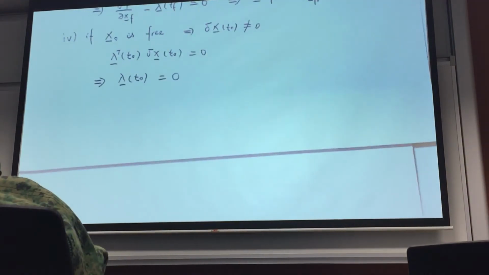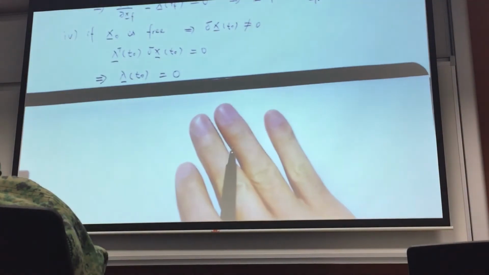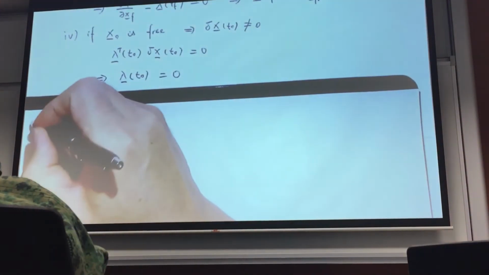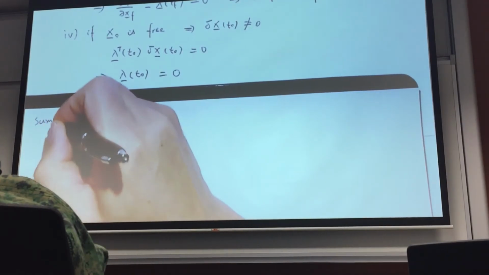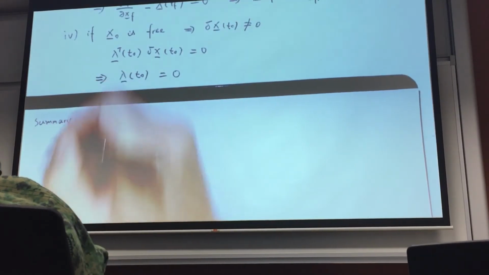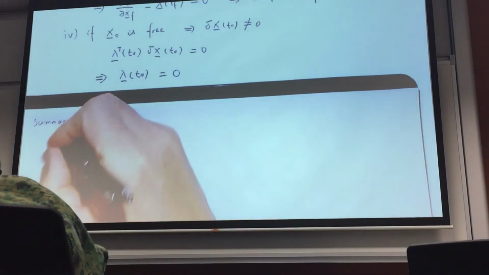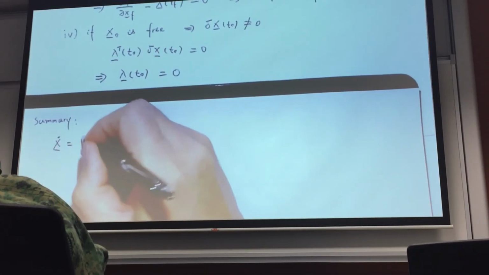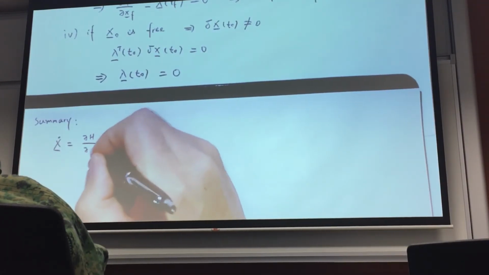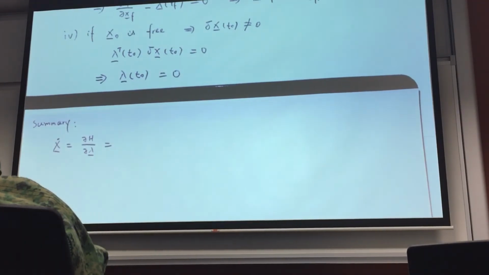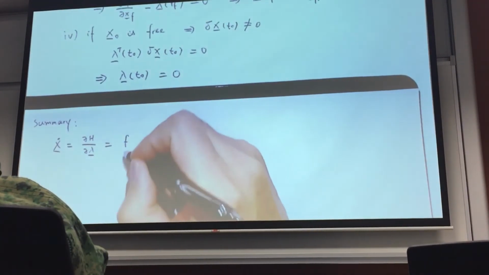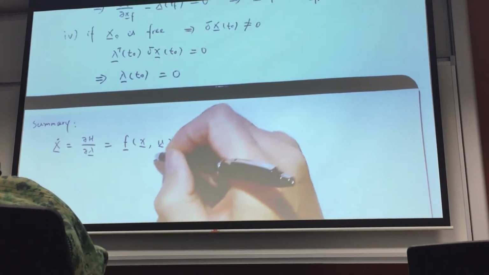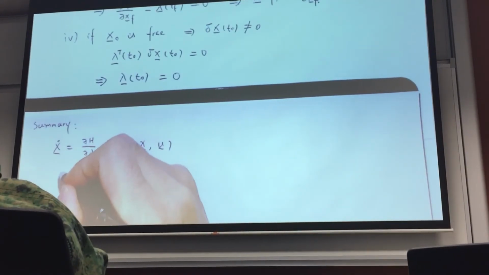So here we got quite a lot of equations. Let me summarize what we derived here. If we summarize, we can see it's not so complicated to understand. We have the equation x dot equal to dH d lambda, which is given by our initial dynamic equation f of x and u.